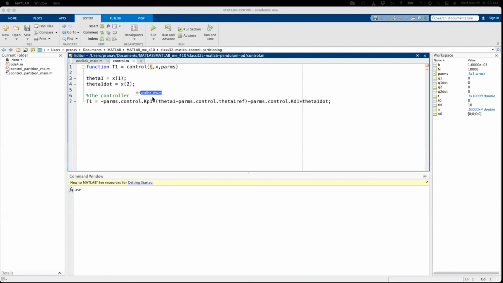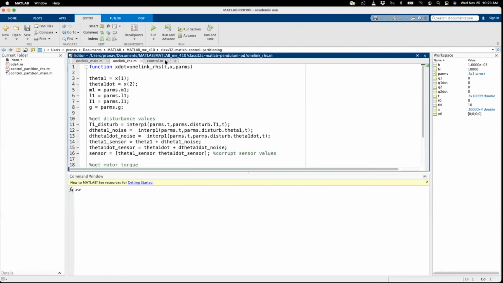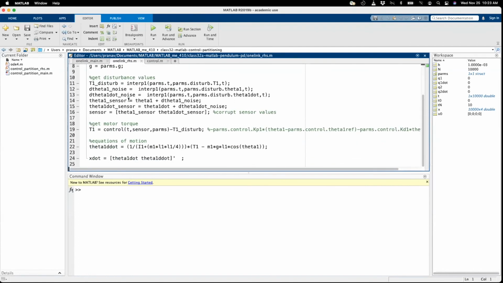There is the control file, the right hand side file, and then the main file. The RHS file is simply finding the dynamics of the system. It just encodes the dynamics. There is a torque needed for the system to proceed further, and the torque comes from the control file.